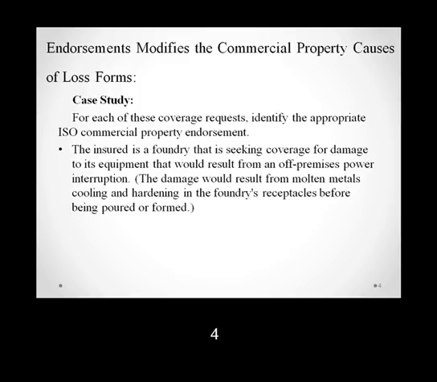Now, this is off-premise power interruption. What type of endorsement would they want? Well, the utility service direct damage endorsement will solve this problem perfectly, because this insured is worried about this off-premise power interruption. Utility service direct damage endorsement will cover the loss perfectly.